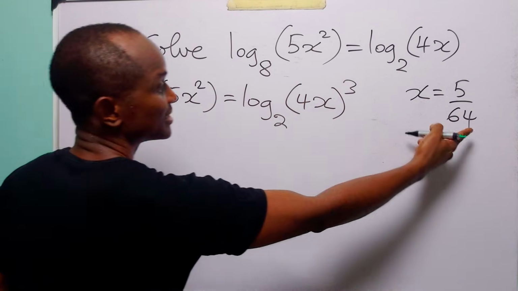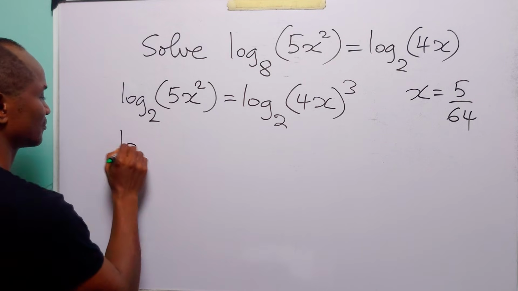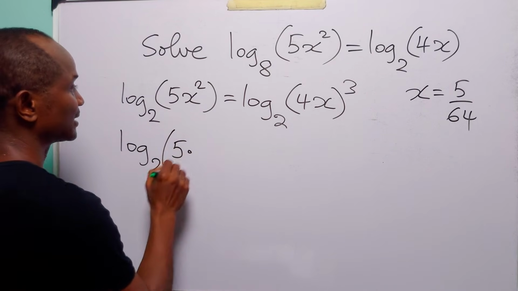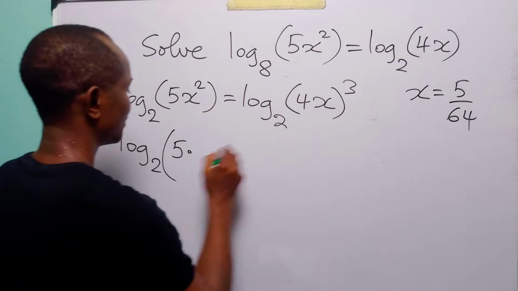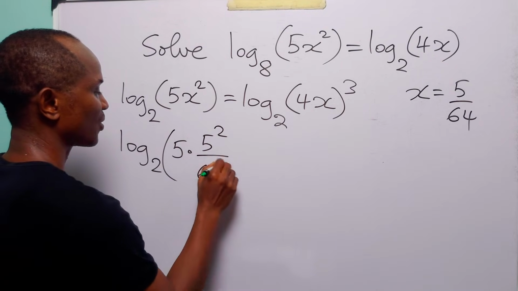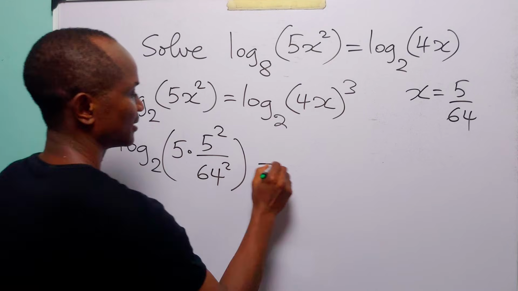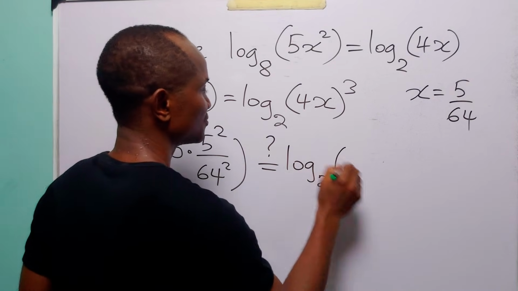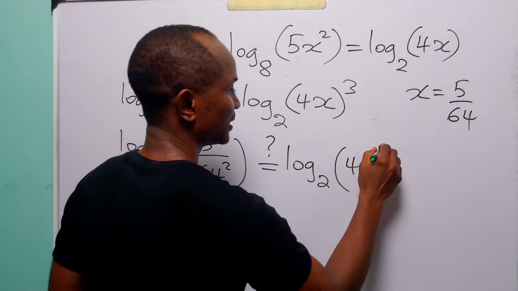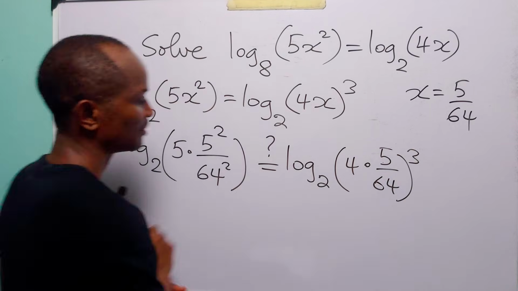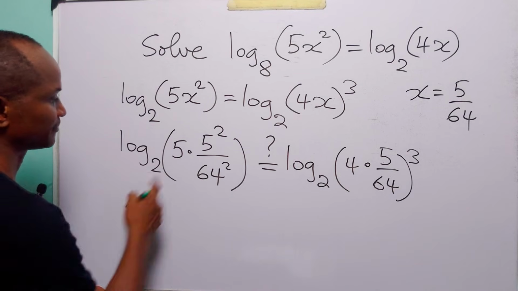Now, substituting this value of x, we have log to base 2 of 5 times 5 squared over 64 squared. Is this equal to log to base 2 of 4 times 5 over 64 to the power 3?